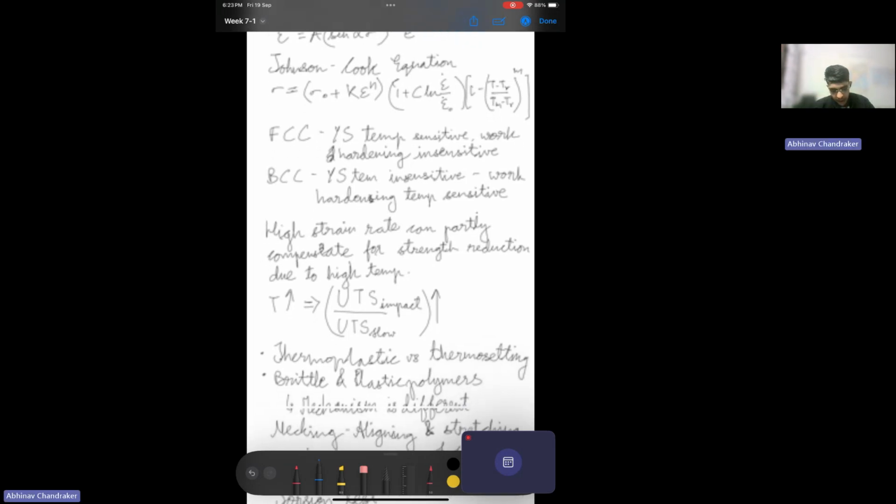These equations were made after looking at multiple experimental results, seeing the trends with specific strain rate and specific temperature, and then trying to combine the effects of all of them together in one system.